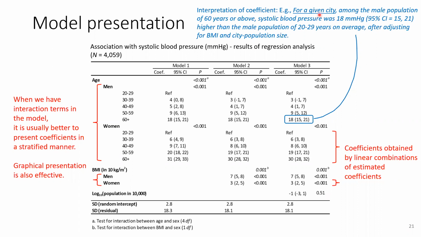And although we are going to talk about this in more detail when we cover logistic regression, the coefficient or odds ratio is going to be different when we use a mixed effect model and a GEE model. And it's quite important to say for a given city. Do you have any questions up to now?